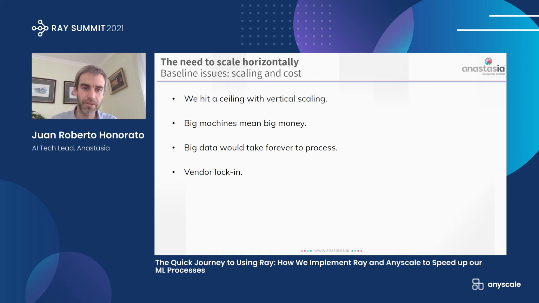Lastly, we were seeing some vendor lock-in. We were just running Docker images, and that's pretty cloud agnostic, but still the way to interact with all of those jobs was not very easy to migrate somewhere else.